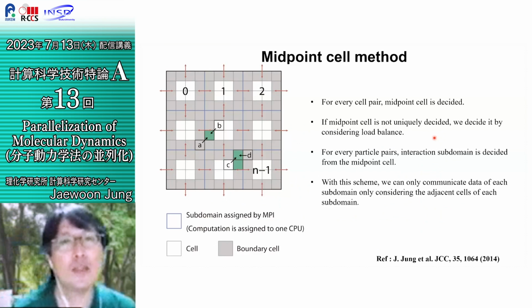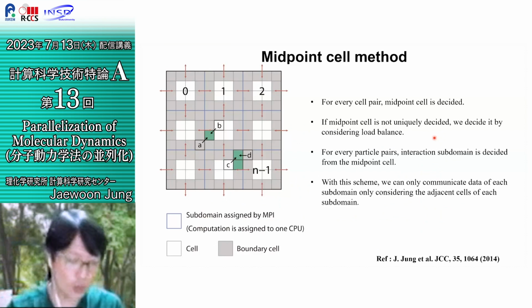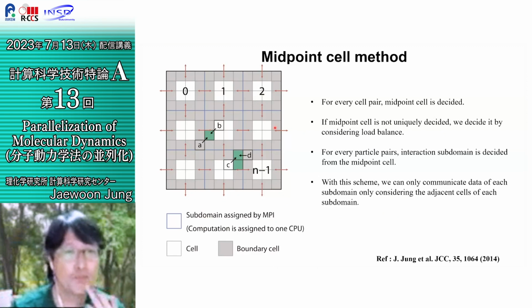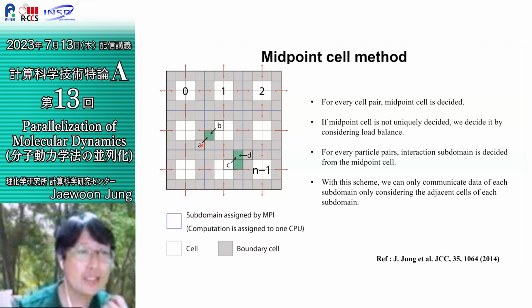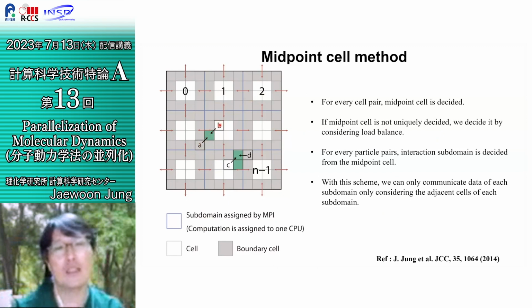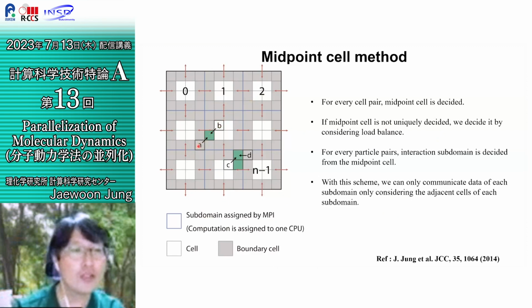Based on this, we made use of a midpoint cell scheme. With this midpoint cell scheme, you can consider particles in different domains. For example, if you consider a particle here and here, the criterion is decided based on the midpoint cell. You consider the cell including this particle and the cell including this particle.